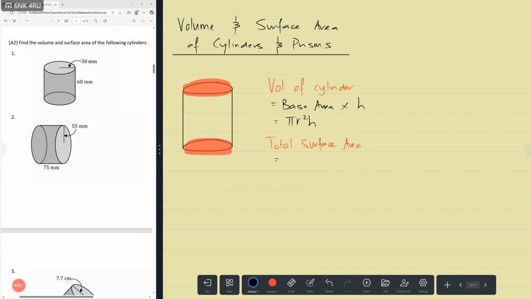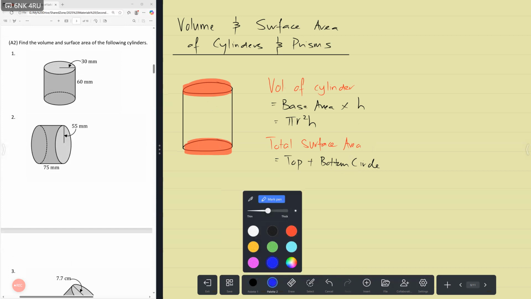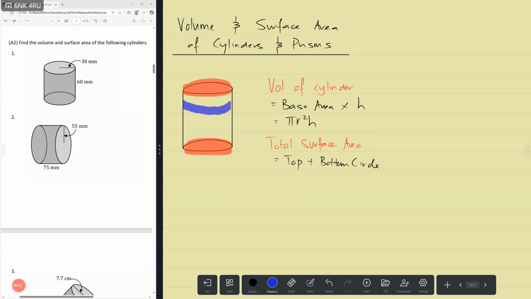So we have our top and bottom circle. We'll just list down the components, and then secondly, is this curving part. This is the part where you hold a bottle. That's where we use the sticker to wrap around our bottle. So that's called the curved surface area.